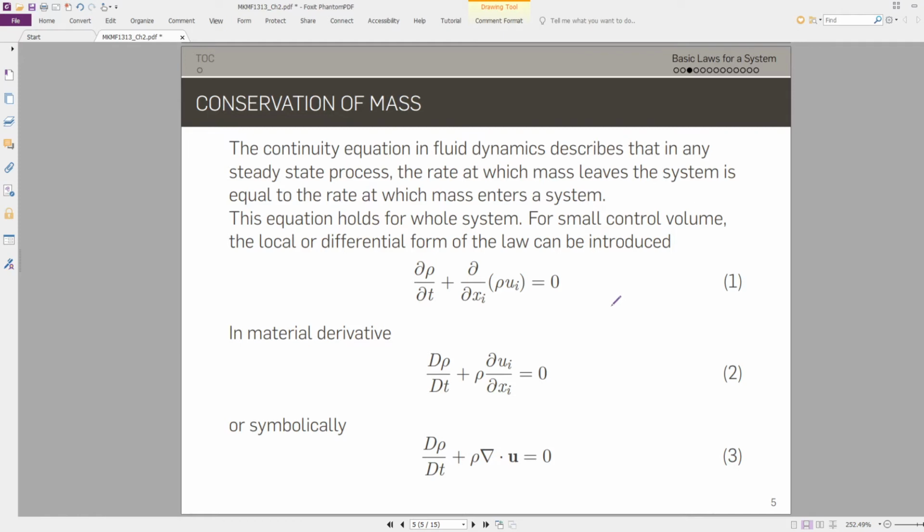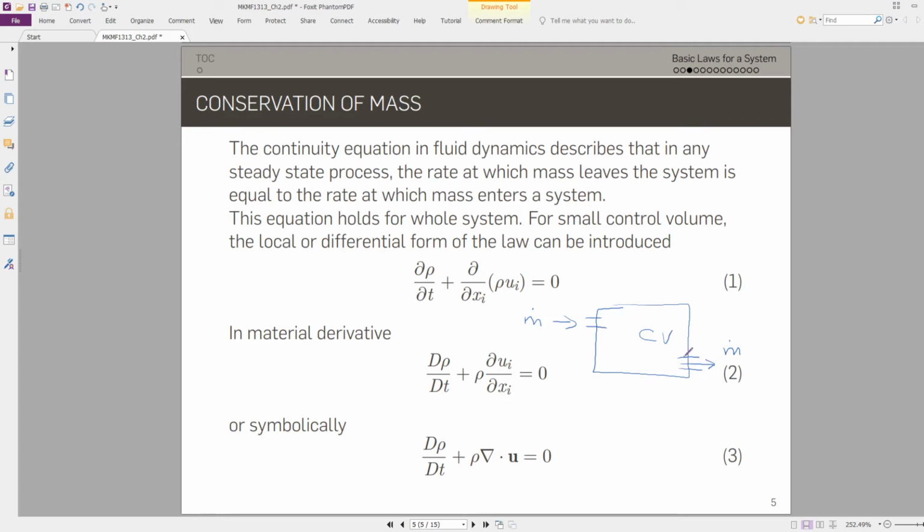If we consider a control volume, then we supply the mass into our control volume, and the mass will remain the same as it enters and as it leaves our control volume. So this is what is described by the conservation of mass.